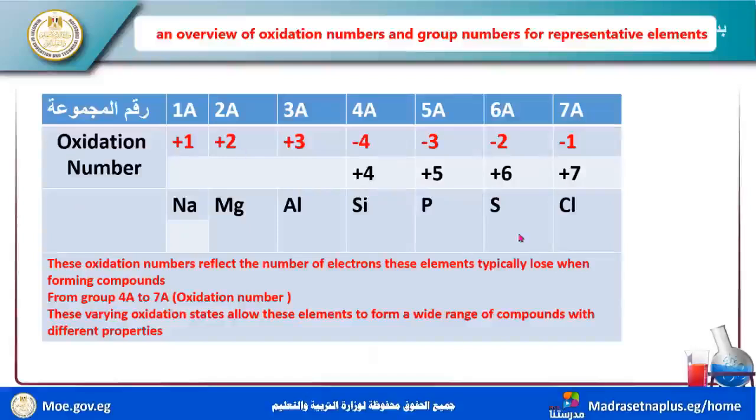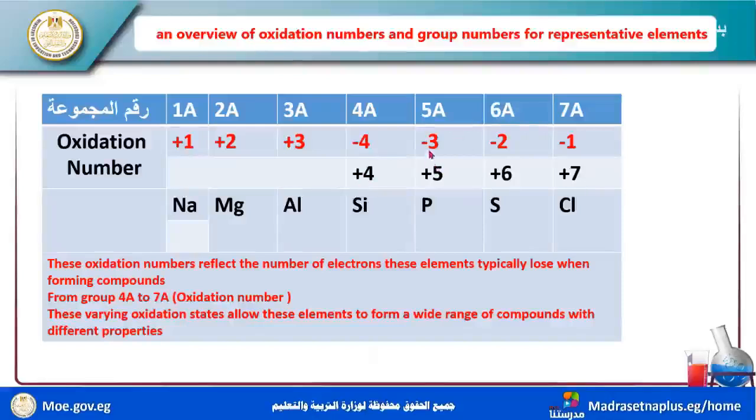Groups 1A are usually positive 1, 2A positive 2, 3A takes positive 3. From 4A to 7A it depends on the other atom it is attached to in their bonds. 4A negative 4, may be positive 4.